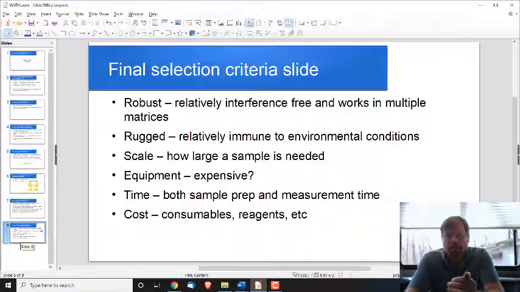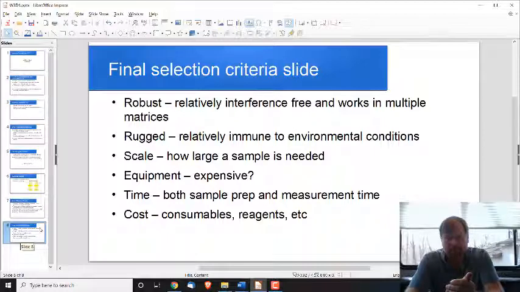So the scale, of course, is how large a sample is needed. If I have to use very large samples to get results, I might well be better off trying to find a different test that can use a smaller sample.